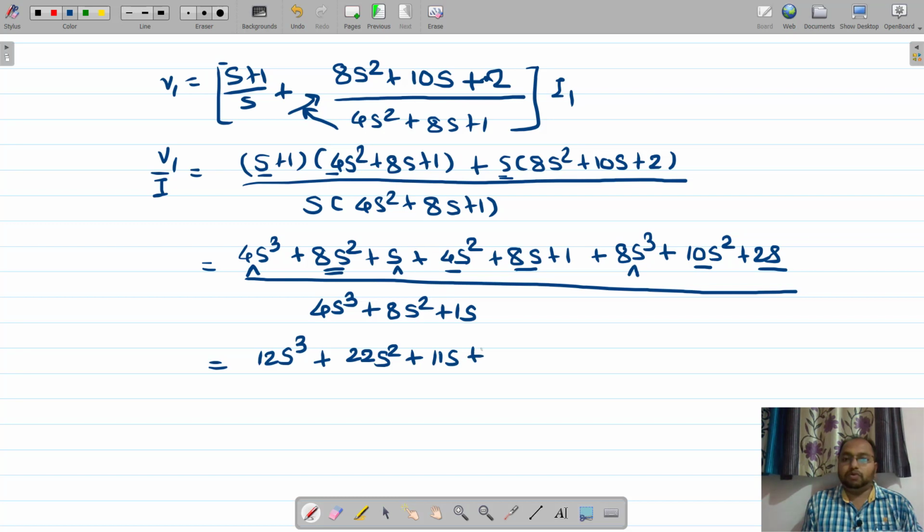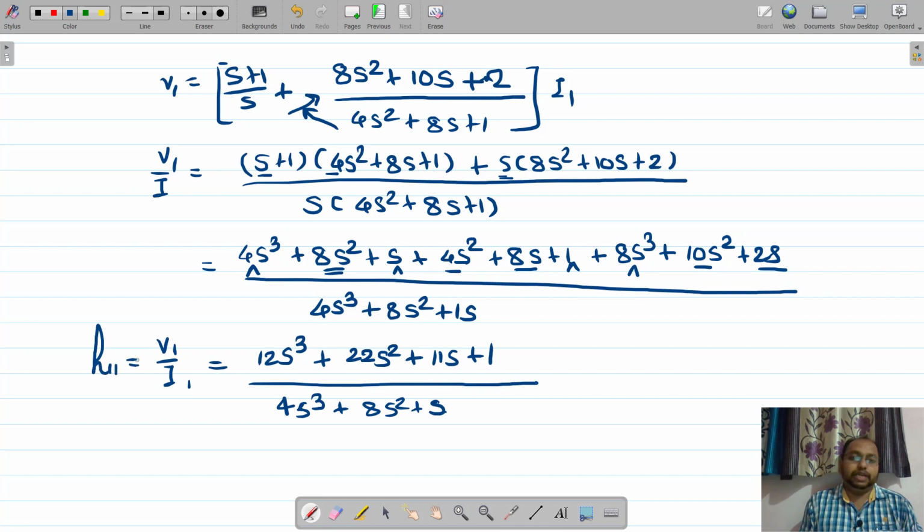And what about the constant? Only one term is there, that is 1. Okay, divided by 4S cube plus 8S square plus S. Is that fine? So this is our H11. Are you getting it? Great. So this is my H11.